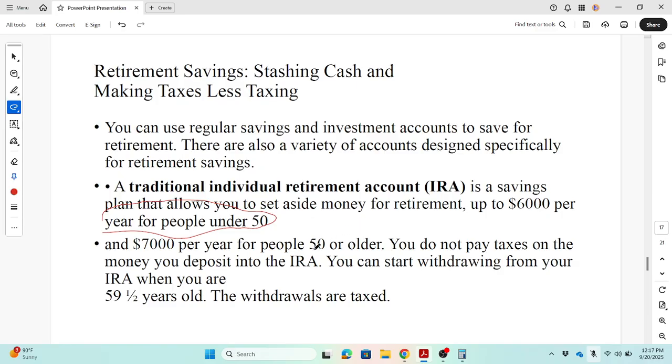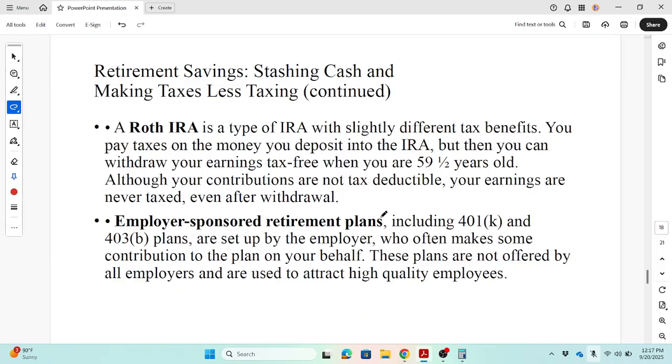Okay, but there is another account called Roth IRA. This is also a retirement account. You can contribute 7,000 or 7,500 depending on the year. I think this year the maximum is 7,500. You can contribute that money to retirement, and you can invest that money, and that money would be after-tax money.